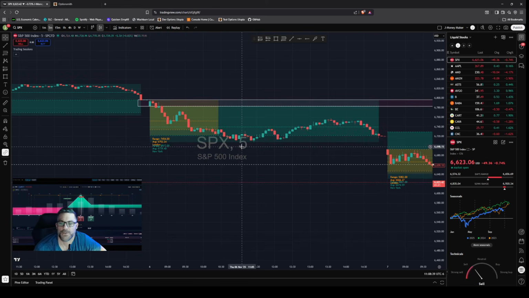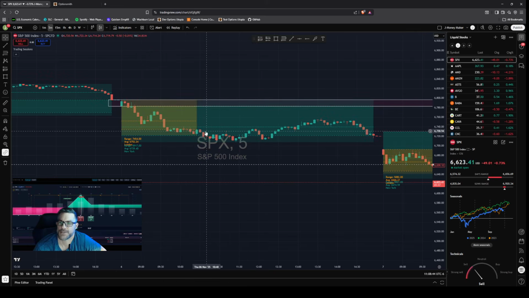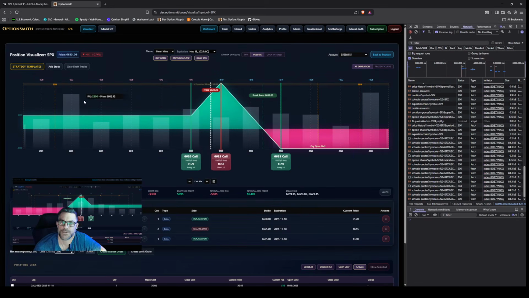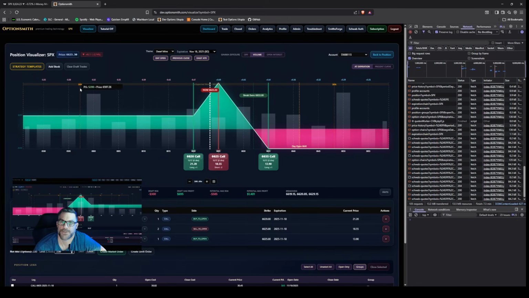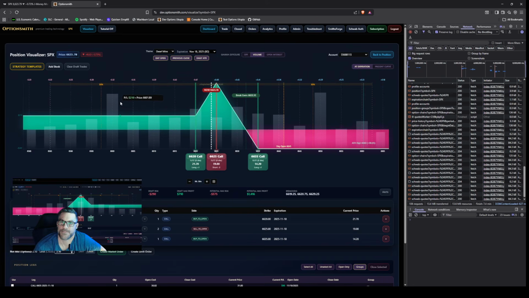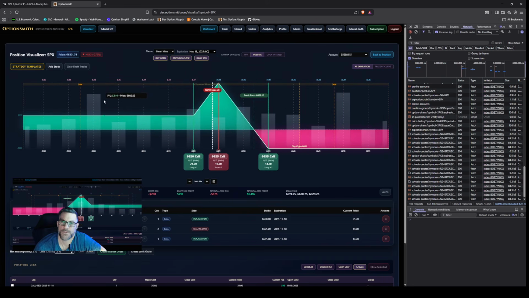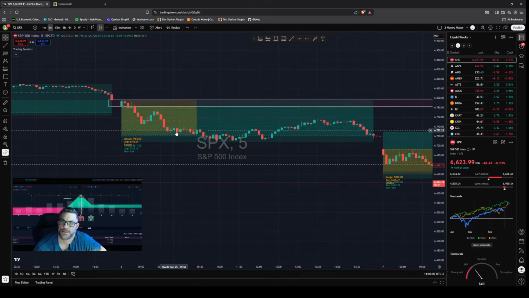Now, the only other thing I will do in this strategy is look to see if we travel far enough away. So usually we would be about 30% away from it before I would look to do another broken wing butterfly. So it would be like the price is at the 30 delta. And so this is an example of where we'd have enough distance away.